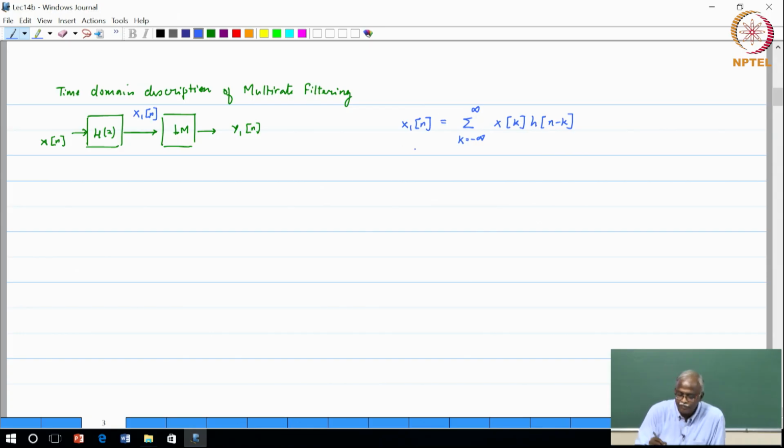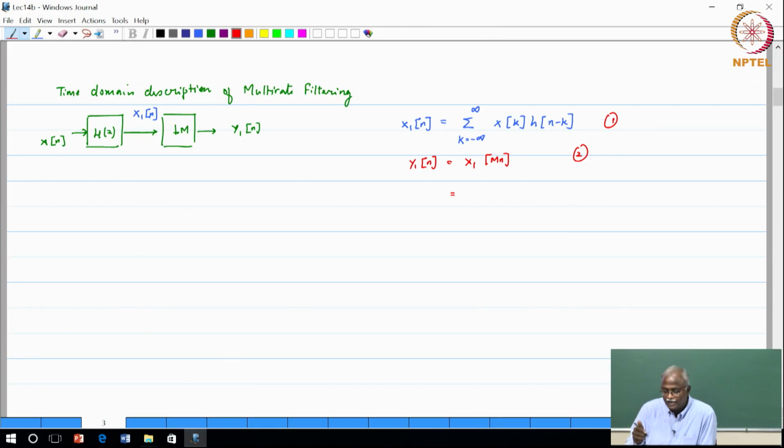However, we do have the following: y1 of n is x1 of Mn, that is the downsampler. So, nothing prevents me from substituting 2 in 1. If this is equation number 1, this is equation 2, I can substitute 2 in 1 and actually get an input output relationship that looks like convolution, but it is not the sliding convolution.